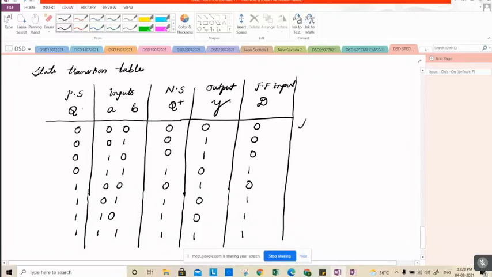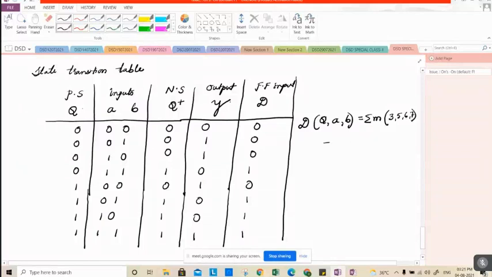Right, here D is a function of Q, A, B. This is equal to sigma M of the minterms 3, 5, 6 and 7.